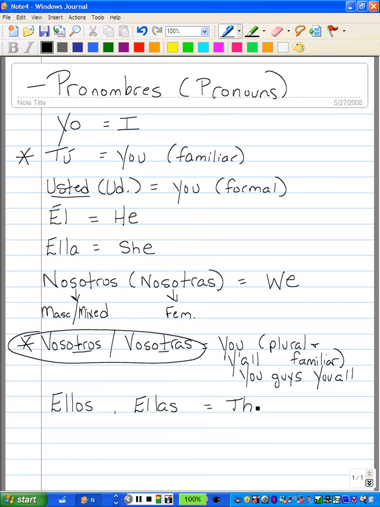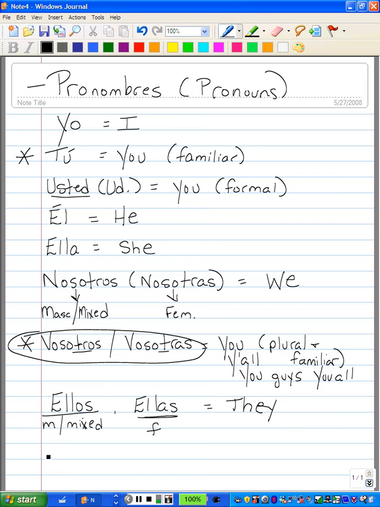Both of these are they. Again, ellas being feminine, ellos being masculine, or if you have a mixed group of people. If I'm talking about a classroom and I want to say they need to bring their books tomorrow, then I would say ellos, because 99.9% of the time I have a mixed class of male-female.